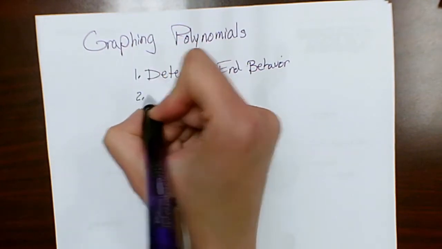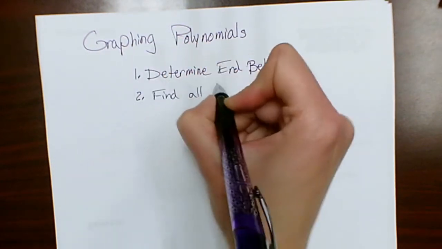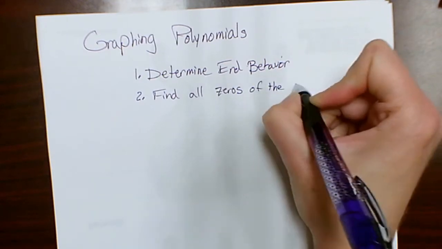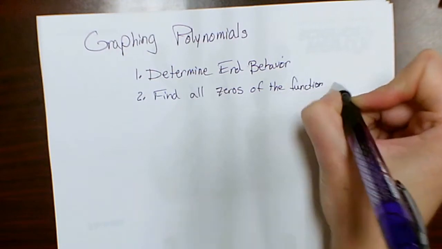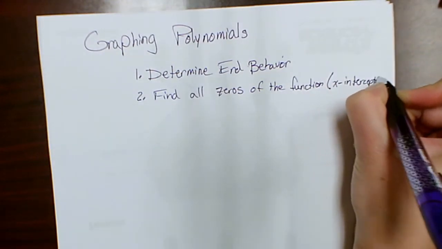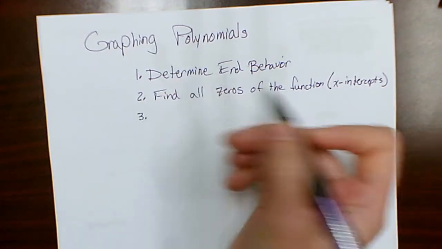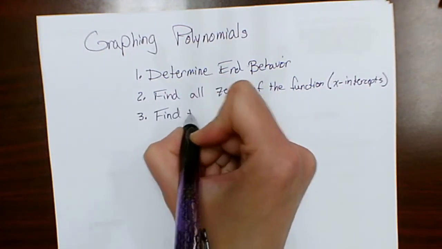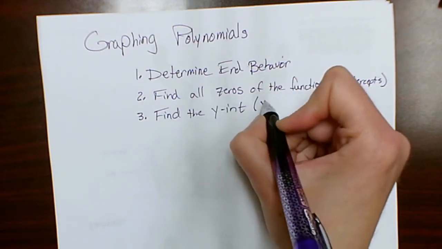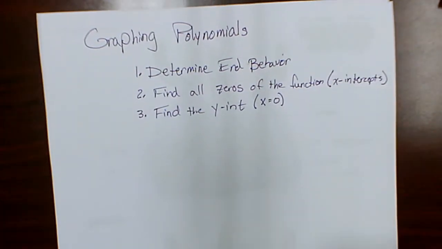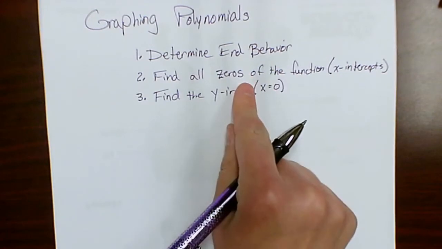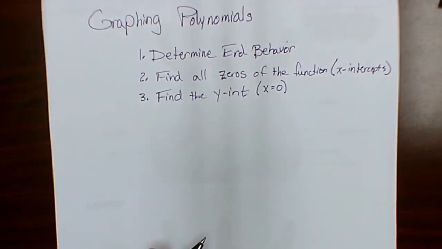We're going to find all zeros of the function, or that's the fancy way of saying the x-intercepts. We are going to find the y-intercept, which would mean x equals 0, or just a constant. And if you're finding the zeros of the function and x equals 0, then y will equal 0 as well.